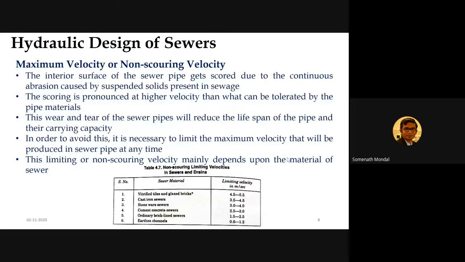The thing is, the higher the velocity, the greater the chances of scour and wear and tear. Fine. Now this wear and tear of the sewer pipes will reduce the lifespan of the pipe and the carrying capacity.